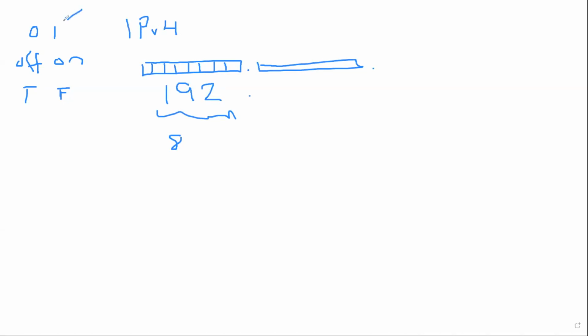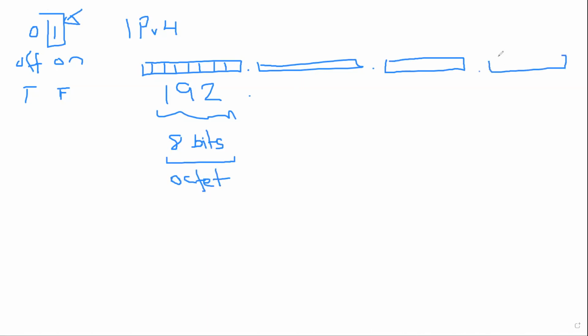What are these in computer language? Octets. Yeah, it's an octet. Sorry for the bad handwriting, it's hard on the mouse. So you have 4 of these here. And we said we use class C.